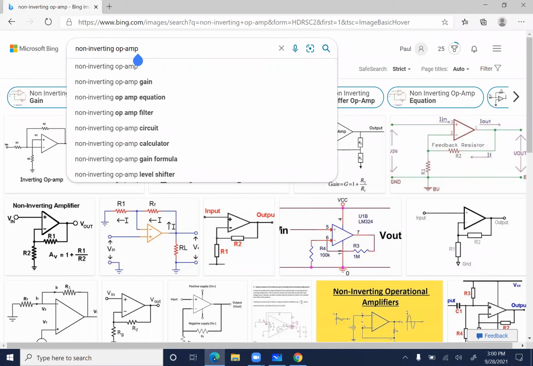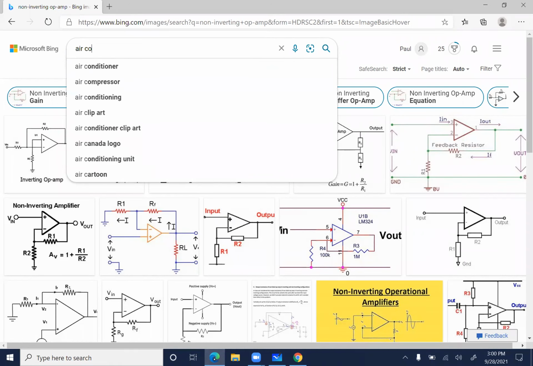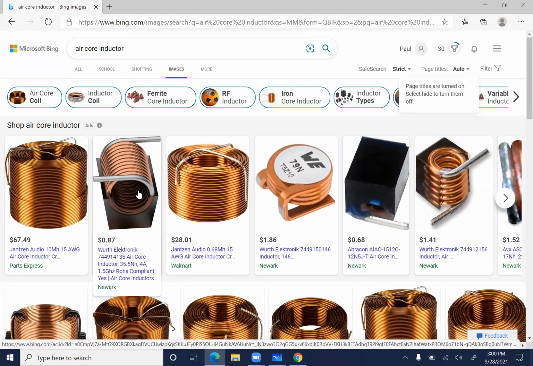If you look at air core, you can see it's just a piece of wire wrapped in a pretty good circular motion. And inside the core is where you have a concentrating magnetic field.